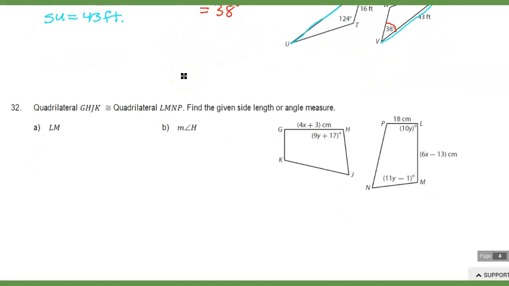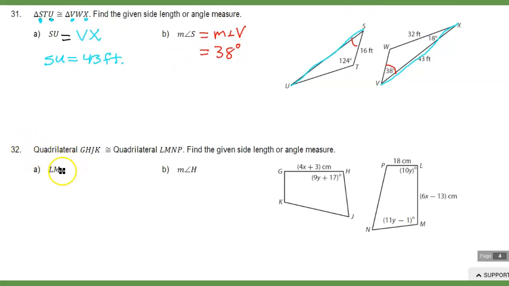All right, and lastly, some with a little bit of algebra. So we want to find LM, which is the first two here, so it must be congruent to GH. So here's GH, here's LM, so those are equal to each other. Now LM is 6x minus 13. And GH is 4x plus 3. We go through and solve this. Subtract 4x on both sides.